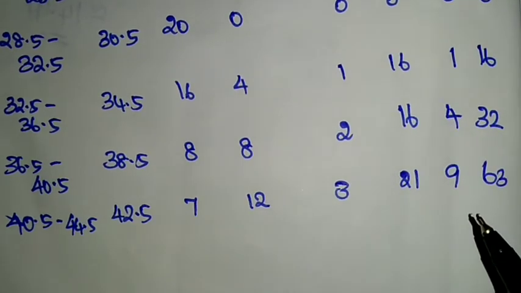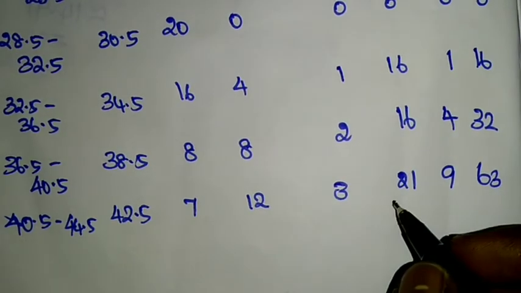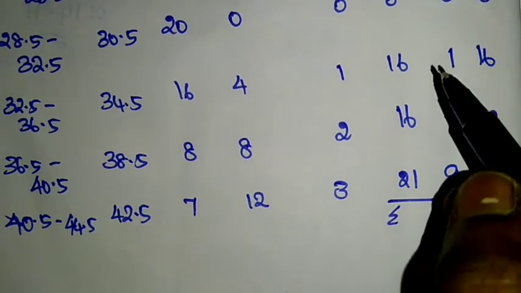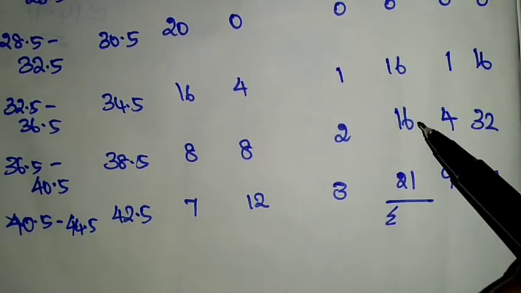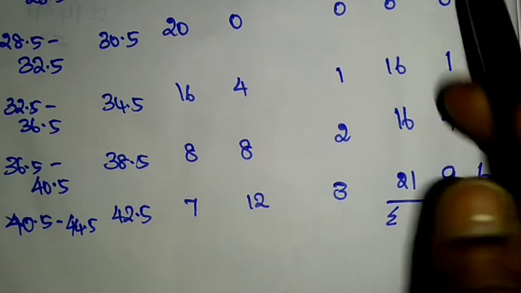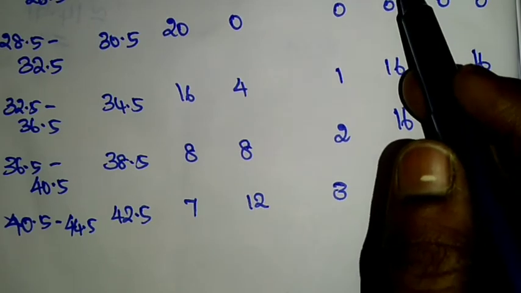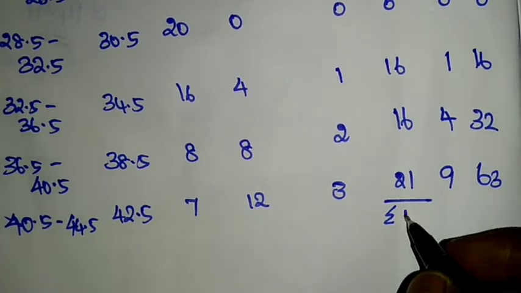Okay. So the summation of fi di is 16 plus 16, 32. 32 minus 30, remainder 2, 23. 23 minus 18 gives 5.